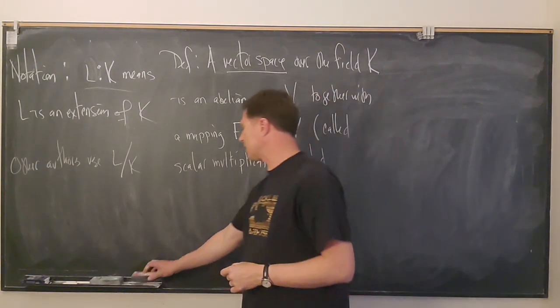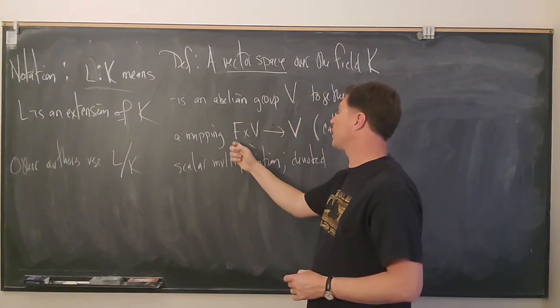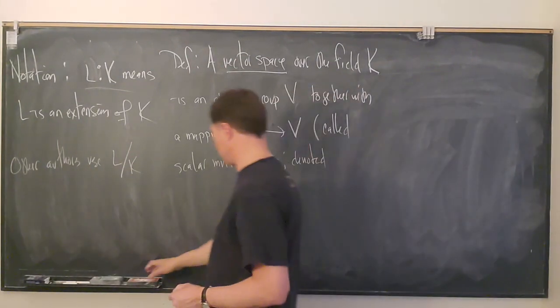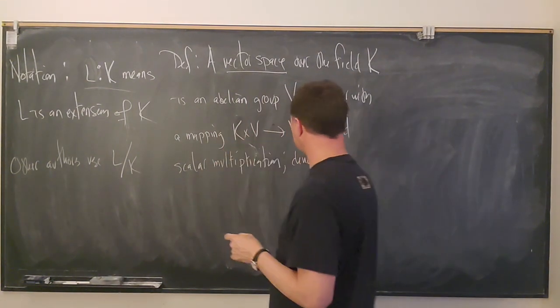So instead of writing some fancy symbol for this ordered pair, the output of this function is going to be something, let's say a little alpha. Oh shoot, I'm using an F, and I should be using a K right there, sorry. K cross V.